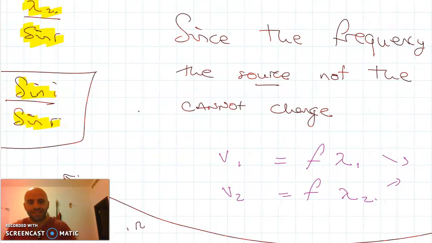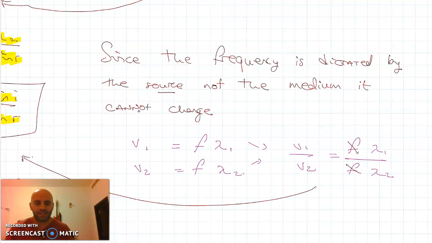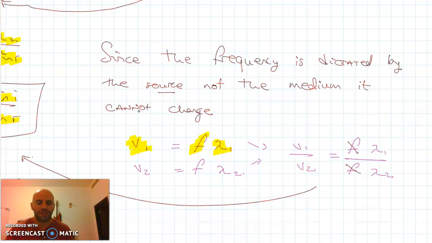But just for completeness' sake, what they wanted was in terms of the velocities. So we know that velocity 1 is going to be the frequency times lambda 1. Bear in mind, the frequency never changes. That is only dictated by the source and not the medium. So it's only the wavelength and the wave speed that can change.